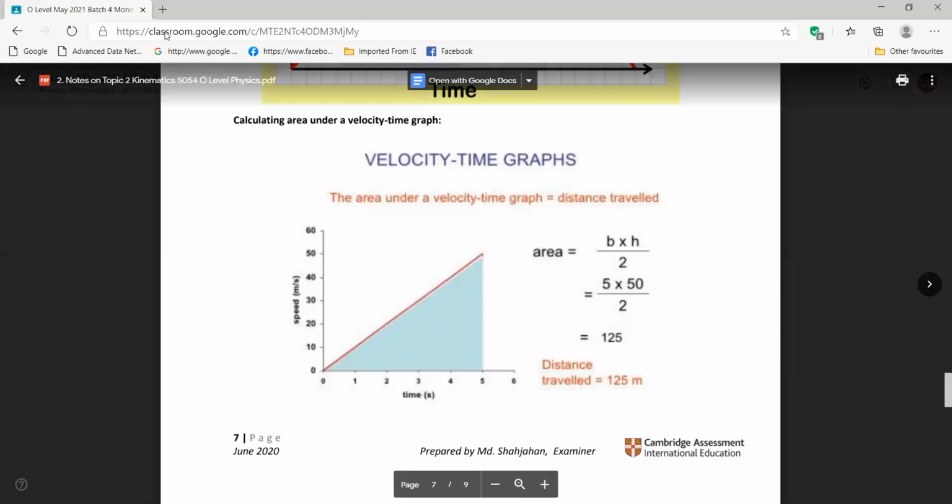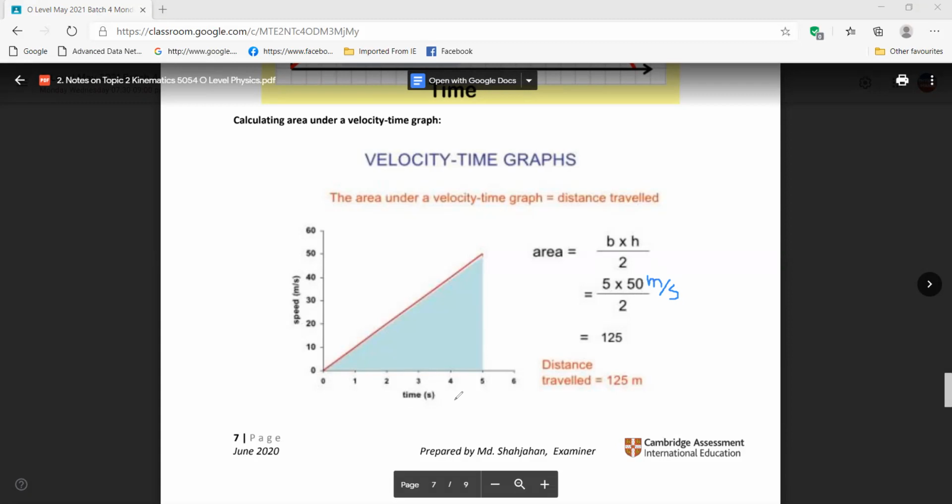Now, another thing I'm showing you, that is related to units. Here the height is the speed, right? In meters per second. And the base, that one we are getting in seconds.